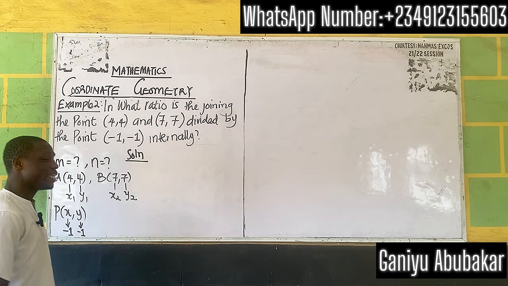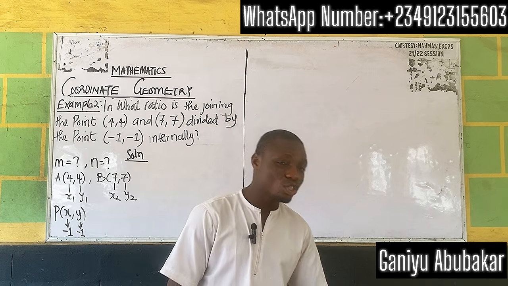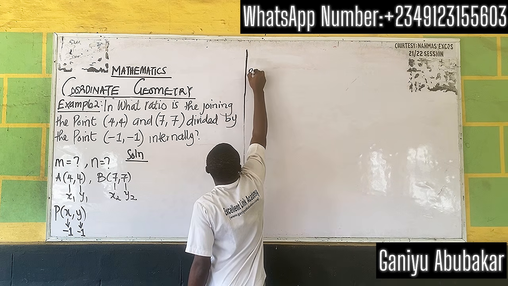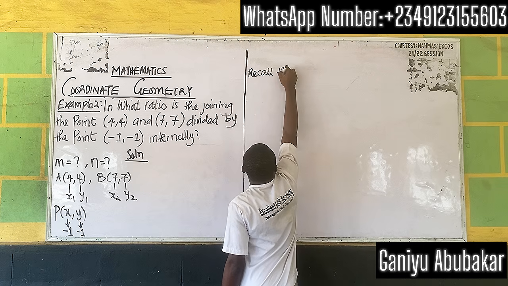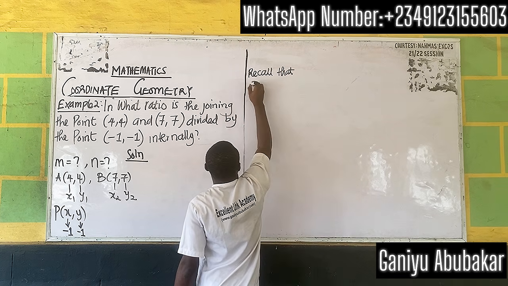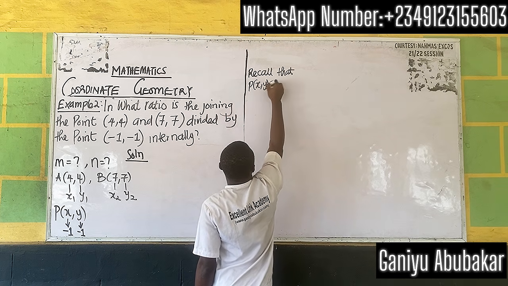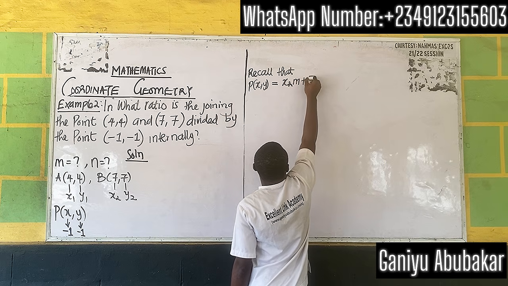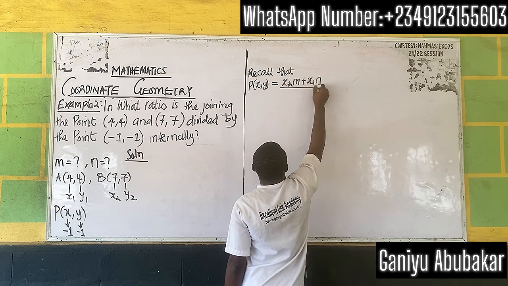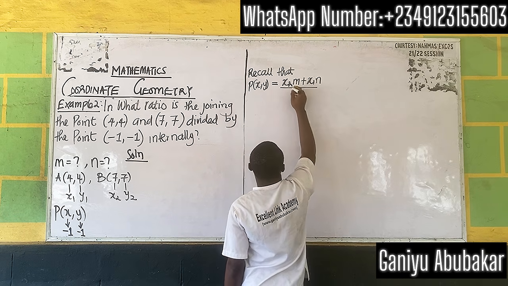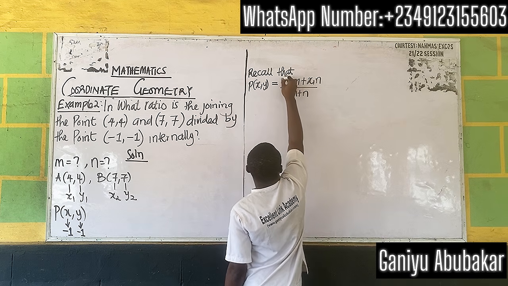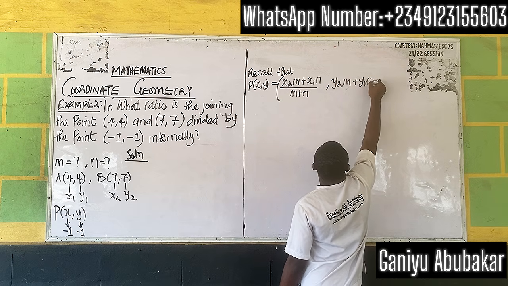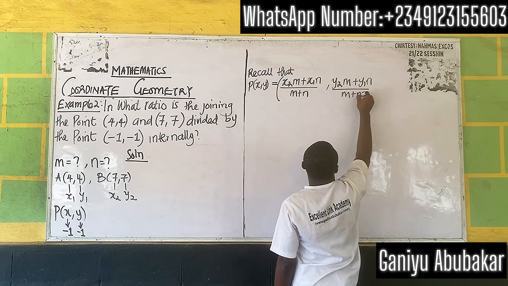So internally, there's mention of internally, so we are using the internal division formula. Recall that from the internal division formula, P of x comma y is equal to (x2m plus x1n) over (m plus n), comma, (y2m plus y1n) all over (m plus n).